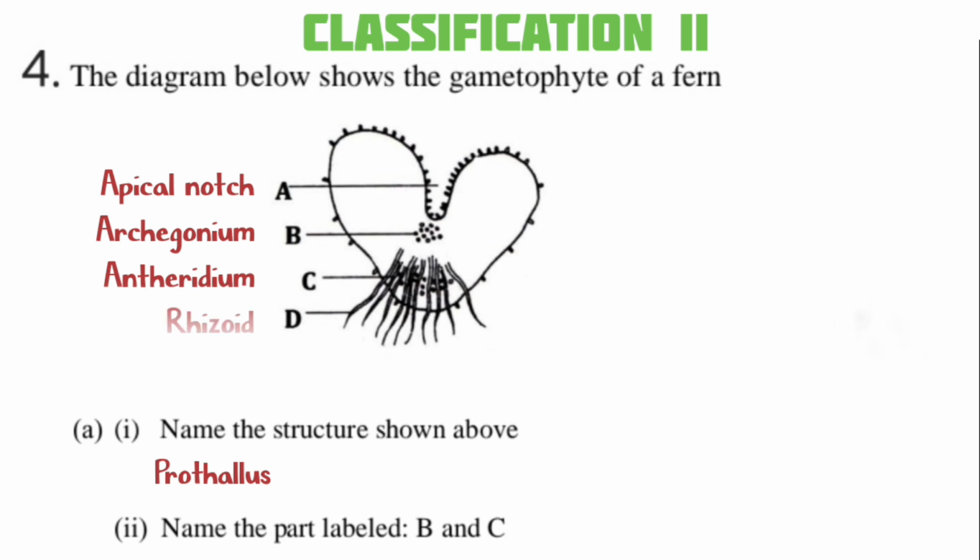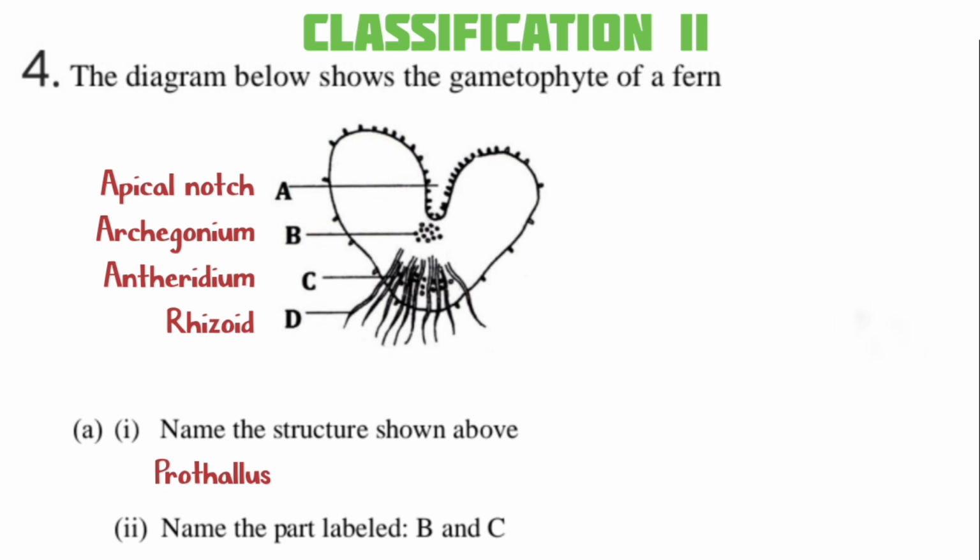Okay, we continue to part B. Part B is the archegonium. Since it's touching one, it's going to be archegonium. This is the female reproductive organ where the egg is produced. Now, as you can see, there are actually several archegonia, several structures as such, but one is archegonium.